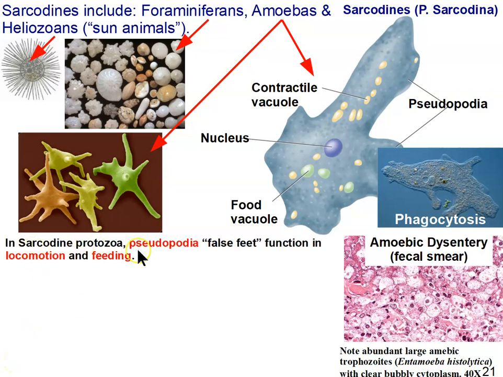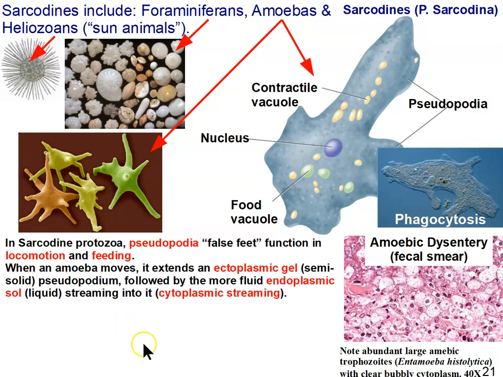So as I mentioned, sarcodines have pseudopodia, false feet, that function in locomotion and feeding. So it's not only their locomotive structure, it's also how they feed, as we can see here in this inset. So when it moves, it extends its ectoplasmic gel, which is a semi-solid. And then there's a more fluid endoplasmic sol.